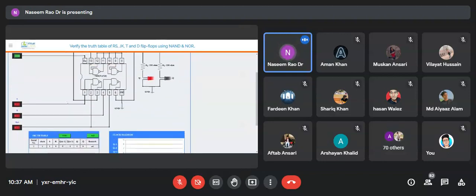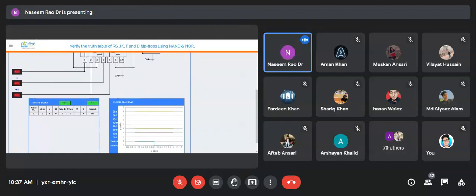Now put 0 0, and then no change, and 0 0 0 change, and then 0 0 and 0 1 clock pulse, then reset and 0 0, 0 1 and 1 0, this is 1 and this one, and add this.